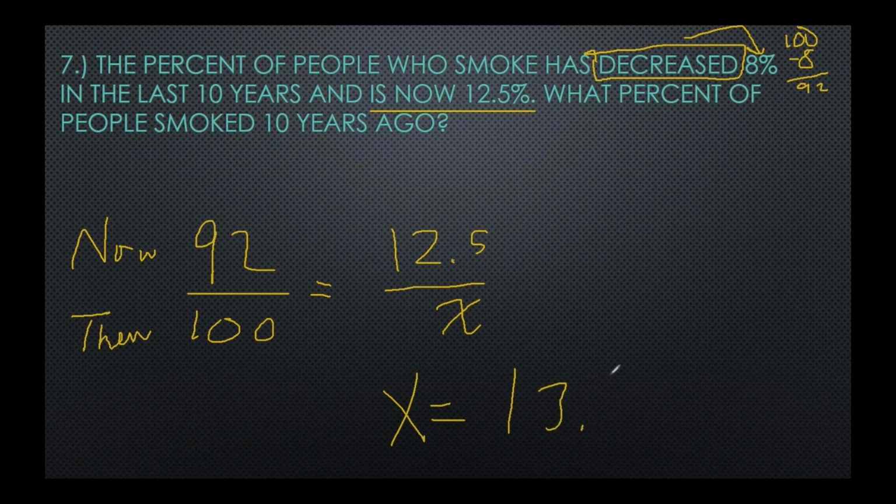Yeah, roughly 13.6% of people smoked 10 years ago, according to this made-up problem that I did. Okay. Everybody see where those numbers came from and how I decided now was on the top and then was on the bottom? Any questions?